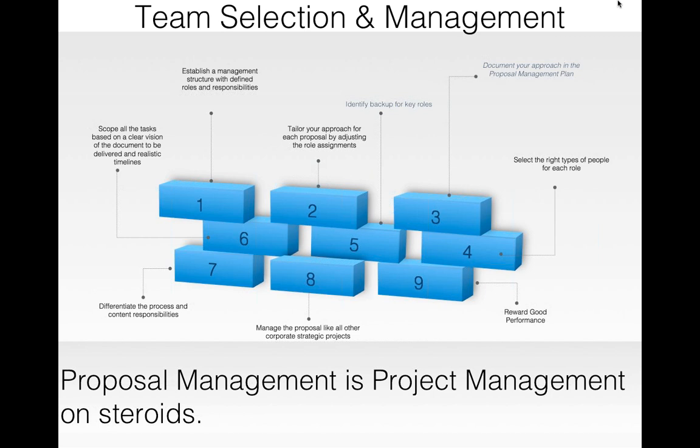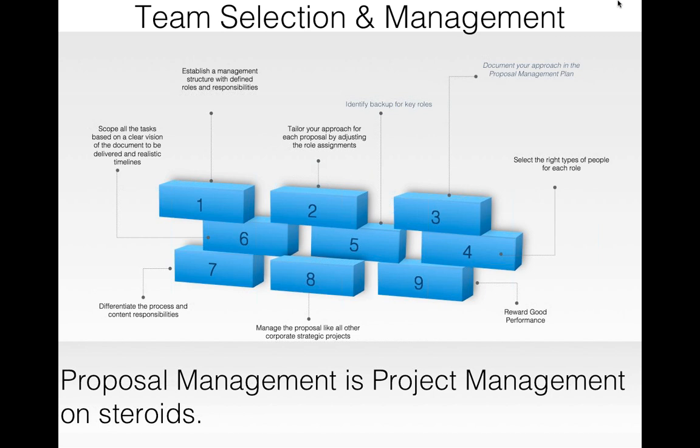To manage the entire team efficiently and effectively, you also need a very clear definition of the tasks involved. Not only you, the entire team has to have that vision: what we need to do, what needs to be delivered, and how the final proposal should look.